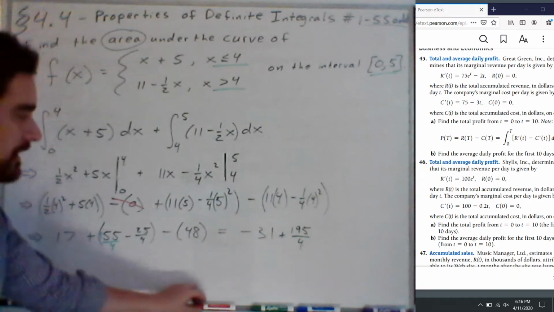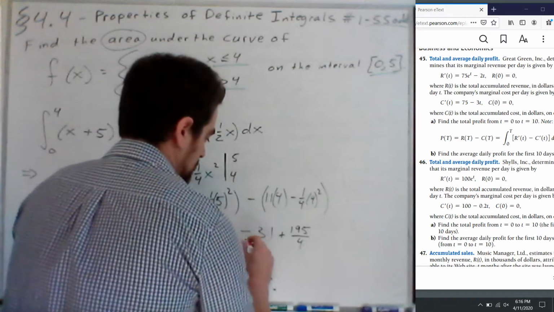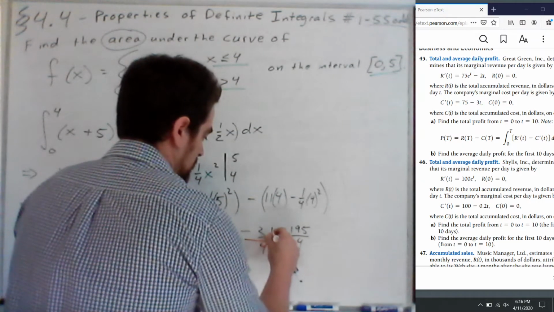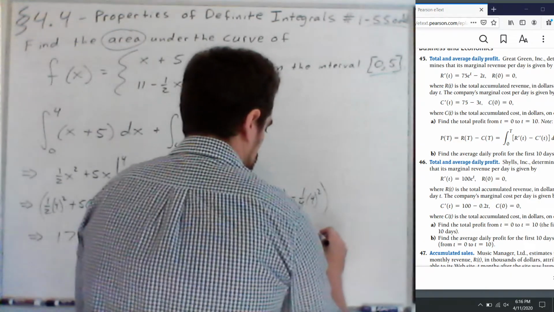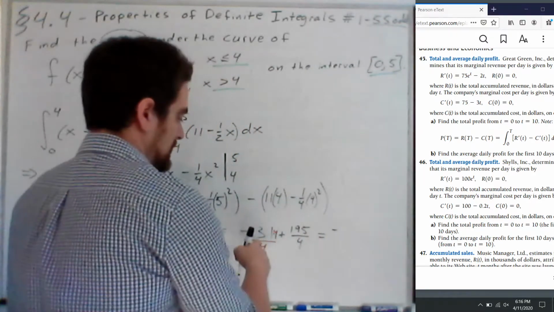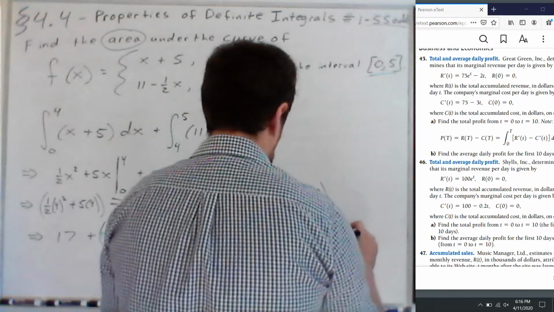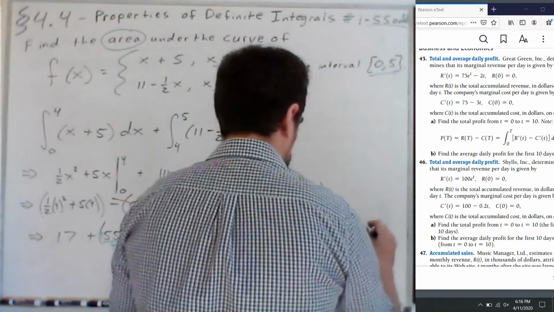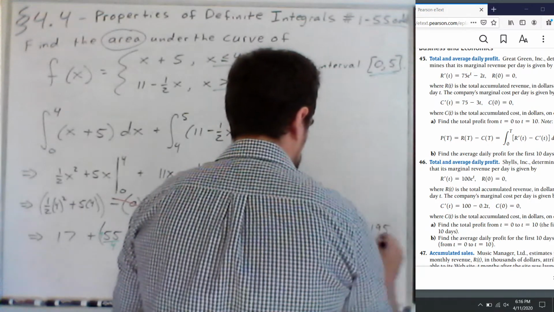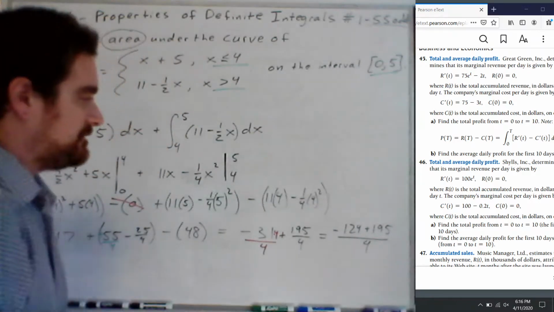So it looks like we need a common denominator. So let's get it. We'll multiply this by 4 and divide this by 4. That gives us a negative 31 times 4 will just be 124 plus 195. All that gets divided by 4.